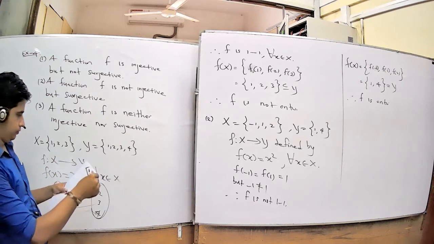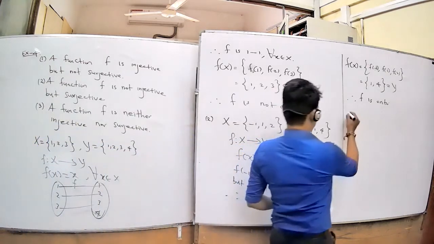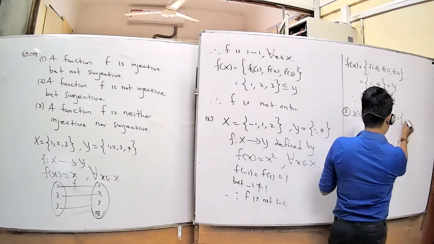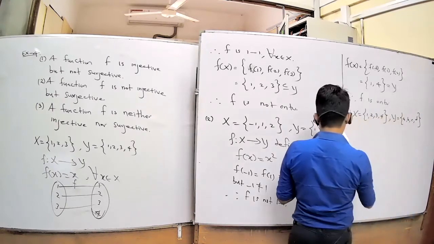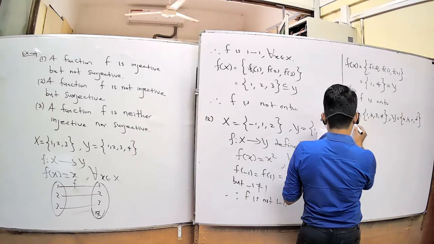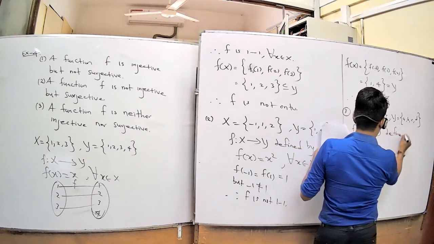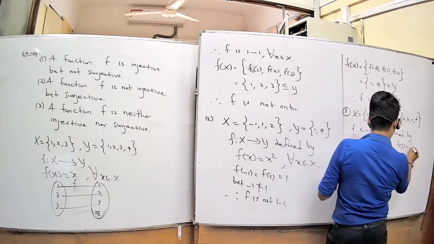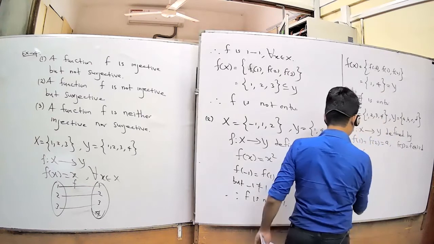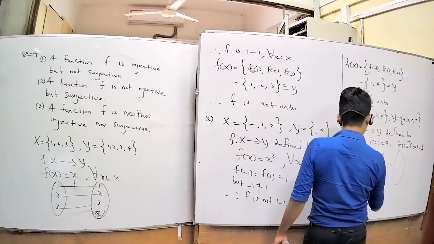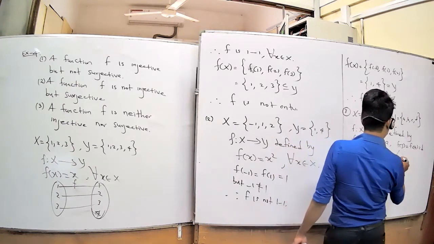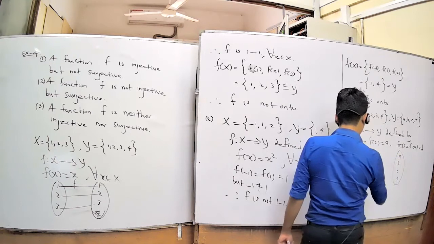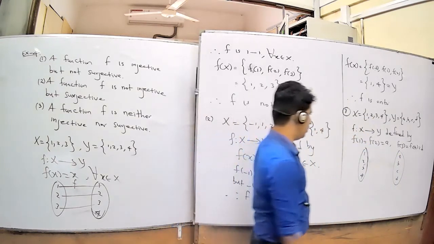For this part, you take X as the set 1, 2, 3, 4 and another set Y as A, B, C, D. f from X to Y is defined by f of 1 and f of 2 both equal A, and f of 3 and f of 4 both equal D. What is the mapping? f of 1 and f of 2 are assigned to A.